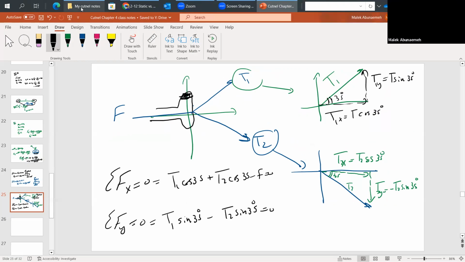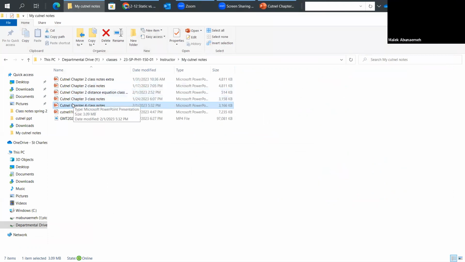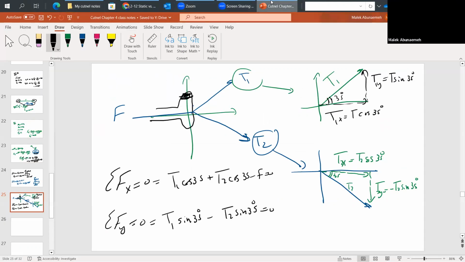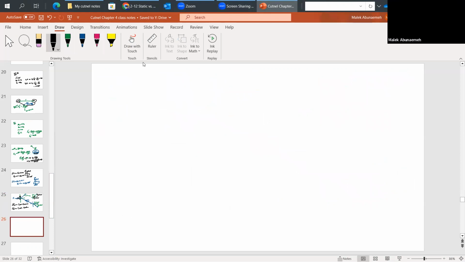Now let's go ahead and do another example. Let's say we have this object, and you get these as your coordinates over here.